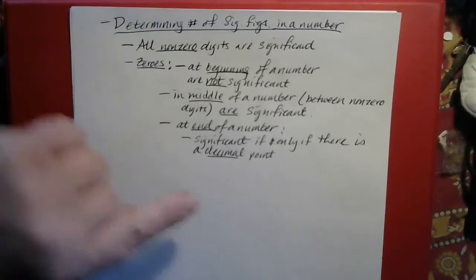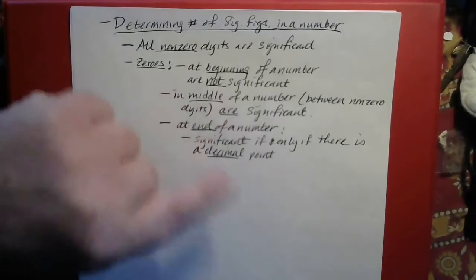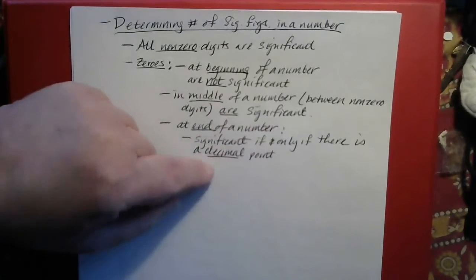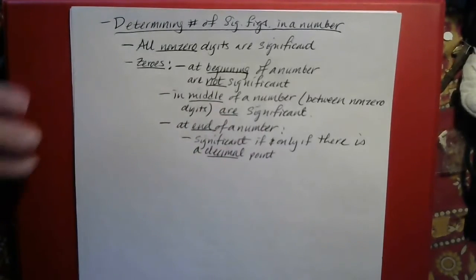And that decimal point doesn't have to be in with the zeros at the end of the number. That decimal point could be anywhere within the number.